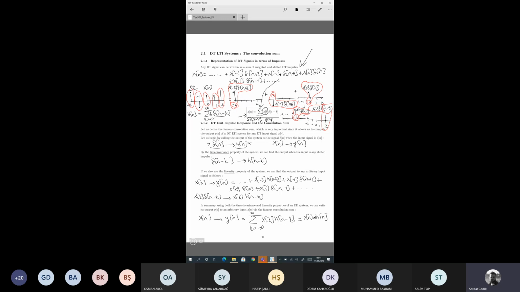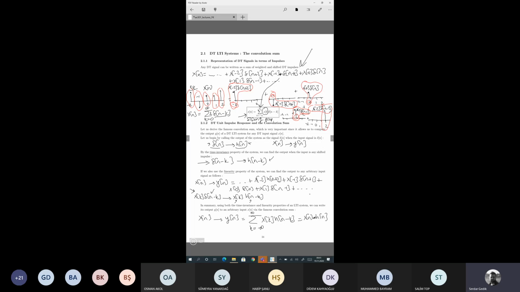If your system is linear and time invariant, then due to time invariance, if I shift the input, the output is shifted. If I scale and shift the input, the output is also scaled and shifted, due to the linearity and time invariance properties. So it's simple.